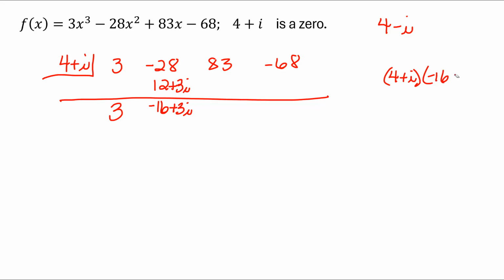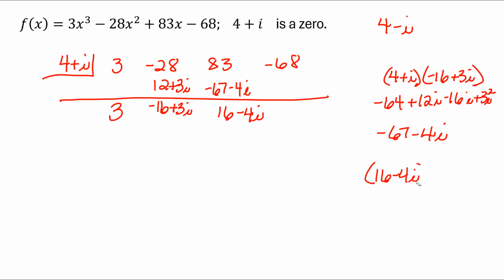And then when I multiply that by 4 plus i, which I'm going to do over here to the side, I'm going to have negative 64 plus 12i minus 16i plus 3i squared. And so that's going to be negative 64 minus 3, which is negative 67, and then minus 4i. So that's going to go here. 16 minus 4i times 4 plus i am going to get 64 plus 16i minus 16i, and then minus 4i squared.